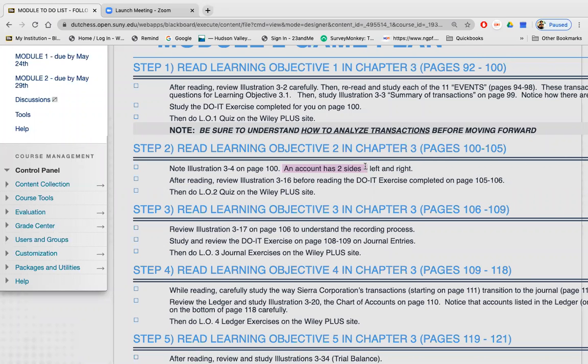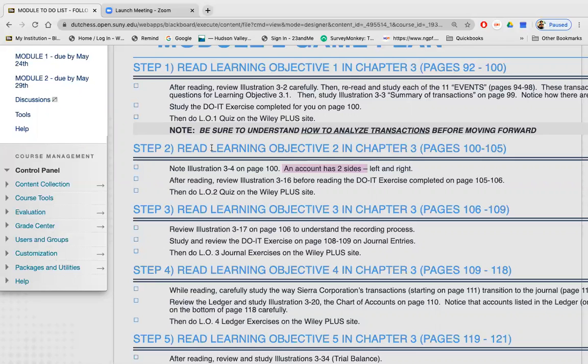All accounts have 2 sides, a left side and a right side. They have names. The left side is called the debit side. The right side is called the credit side. But all accounts have 2 sides. Okay, so the numbers are either going to go on the left side or the right side. And that is a very important thing to analyze as well.